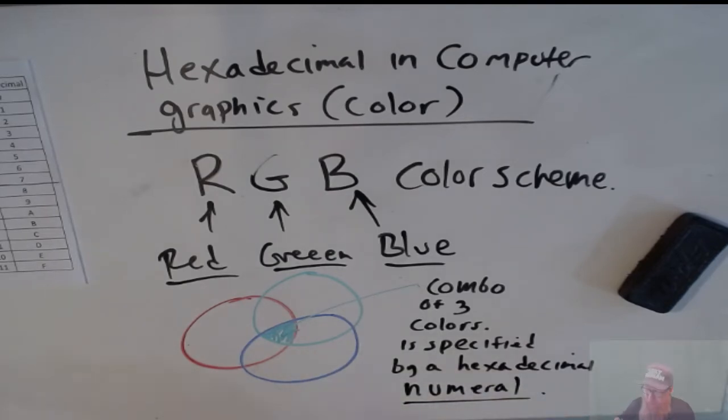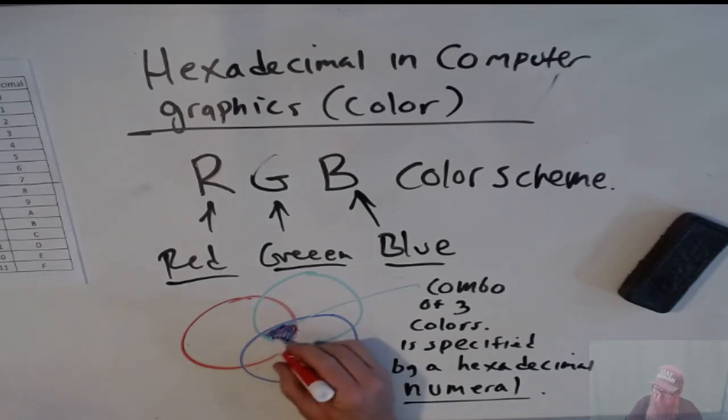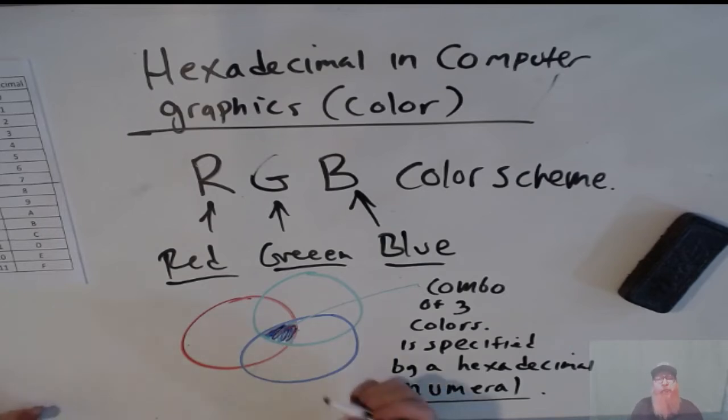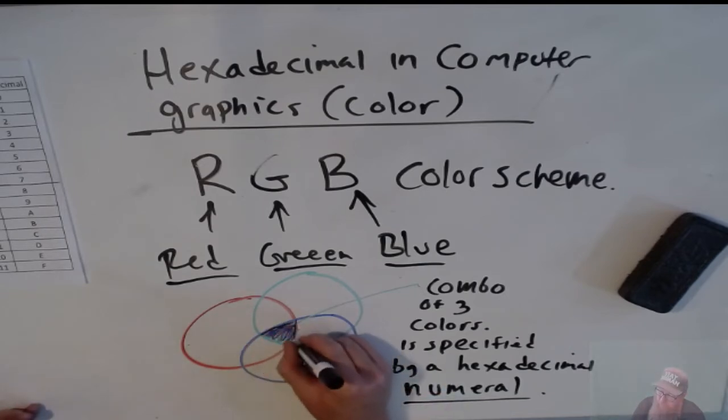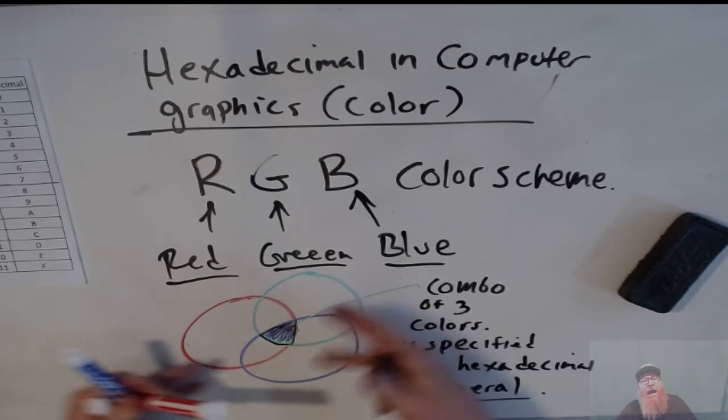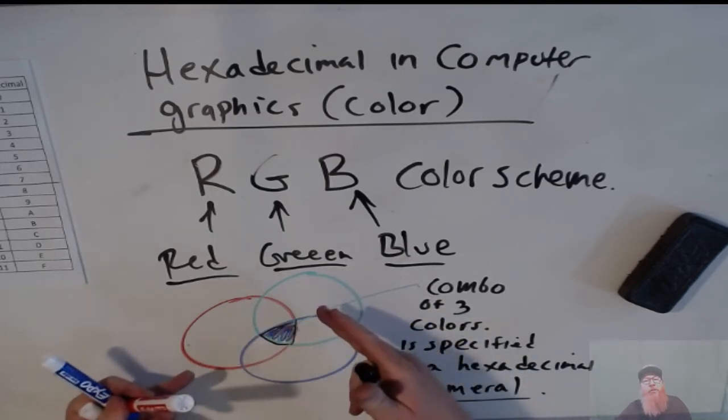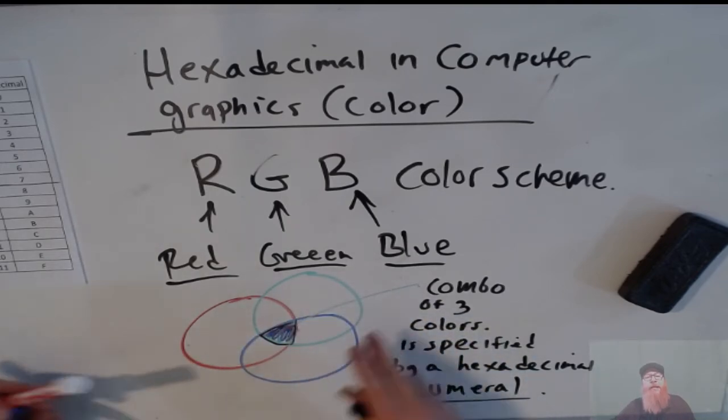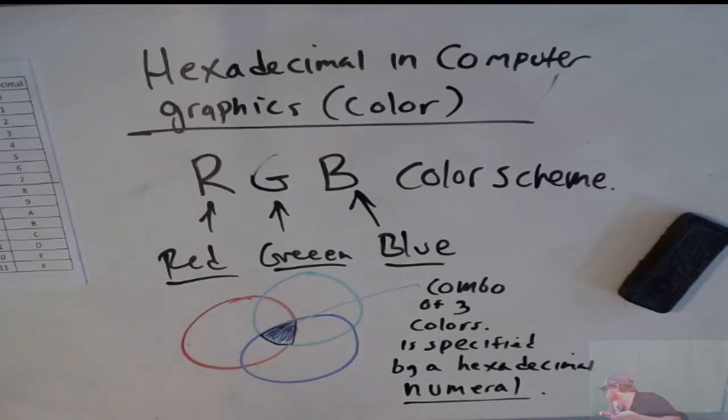And that would give us the exact blend of red, green, and blue, just the right amount of each, depending on how much of the red and how much of the green and how much of the blue is given as a hexadecimal number.